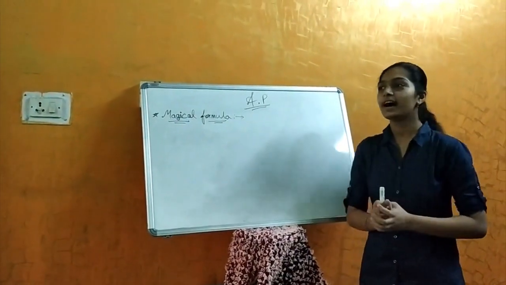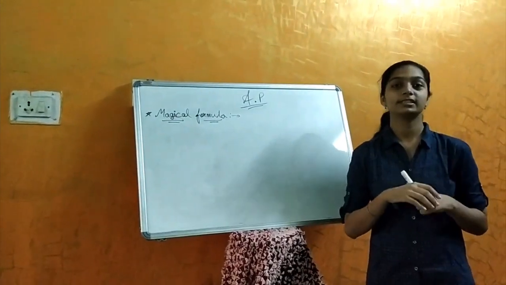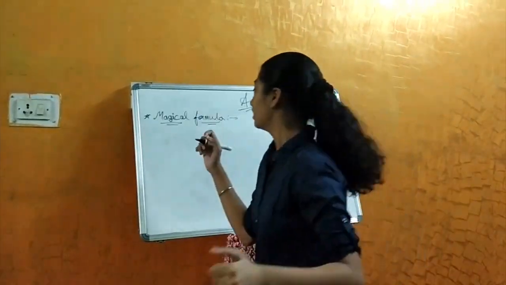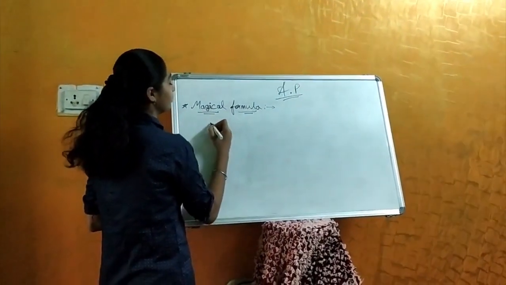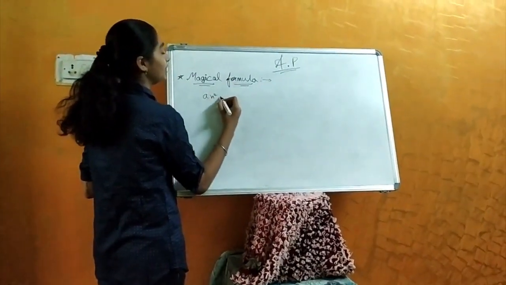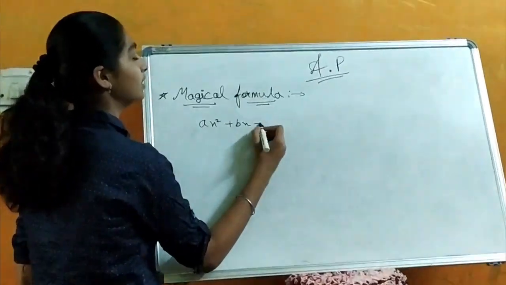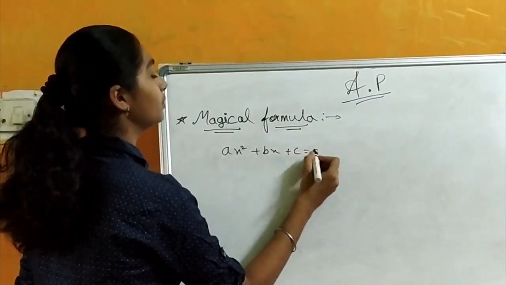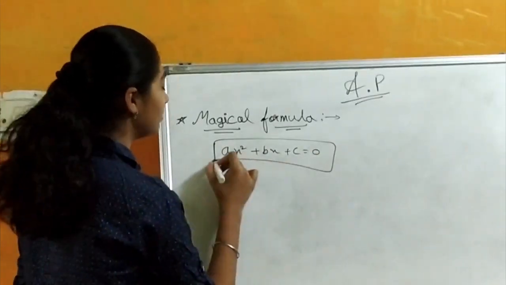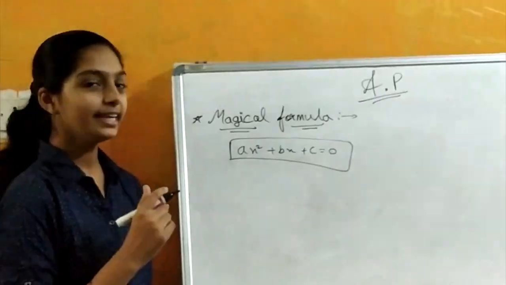So guys, I want to tell you something. In quadratic equations we learned that we have a standard equation, that was ax squared plus bx plus c is equal to 0. It was the standard form of that quadratic equation, right?